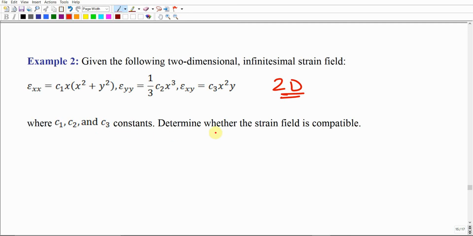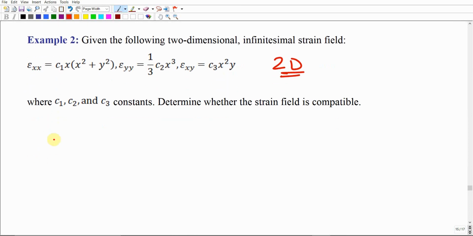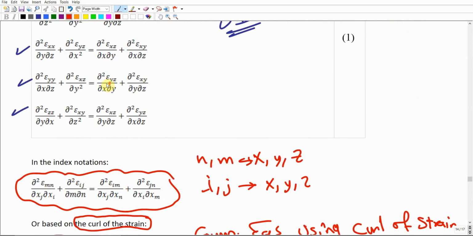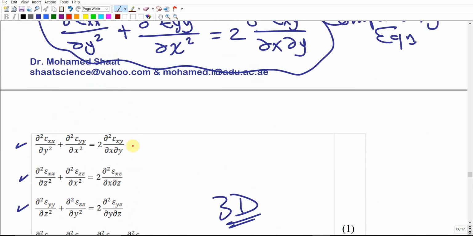We are required to examine whether the strain field is compatible or not, and if it is compatible, what is the condition that connects C1 to C2 and C3? Simply, the compatibility condition for two dimensions is the one we derived up there, right? Which is the first equation.